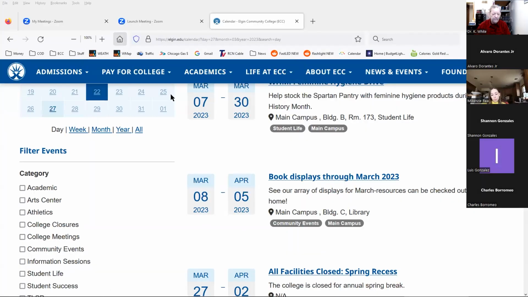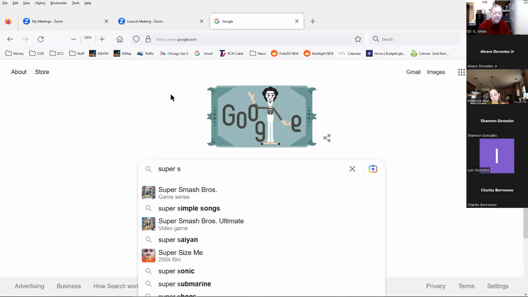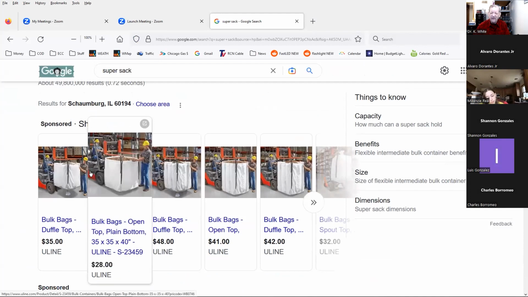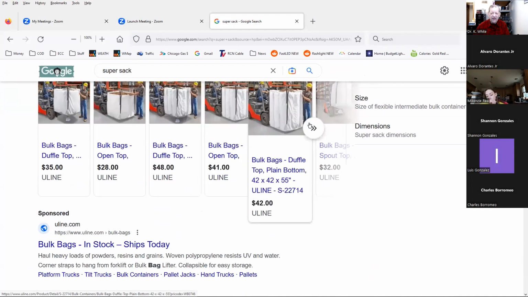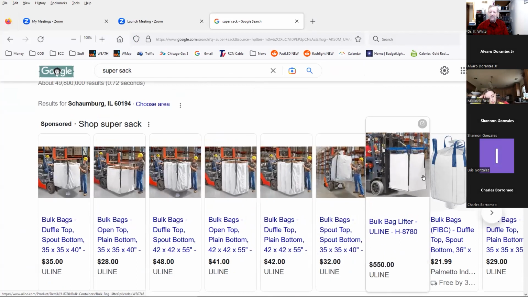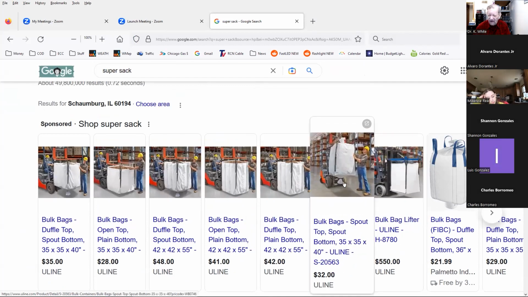Let's see if I can find a picture of it. And there's one. Can everybody see that on your screen with the guys with the hard hats? Generally, in a chemical industry, it's sealed up like this, and you open it up and get the chemical out.